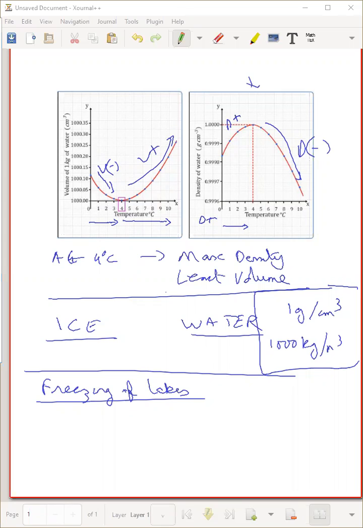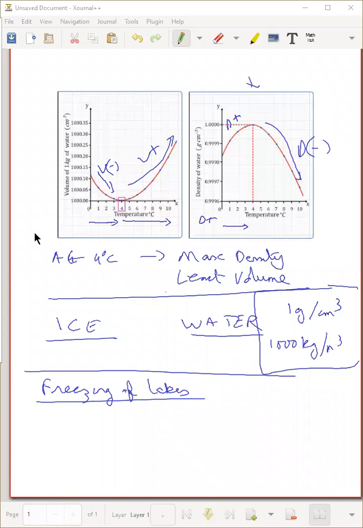Can anybody try? Same thing, anomalous. Try it with the anomalous expansion of water. No one?